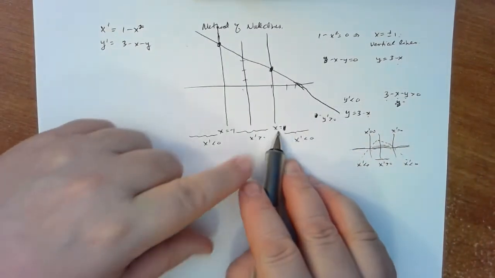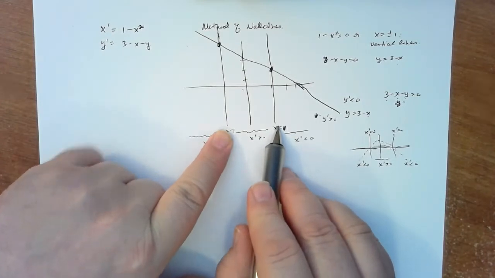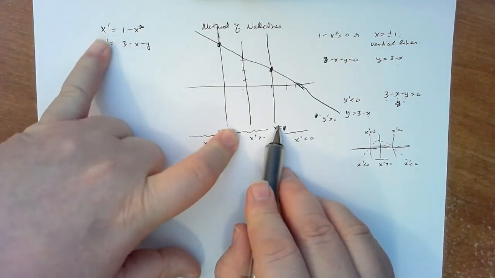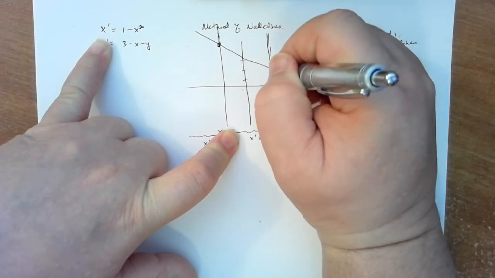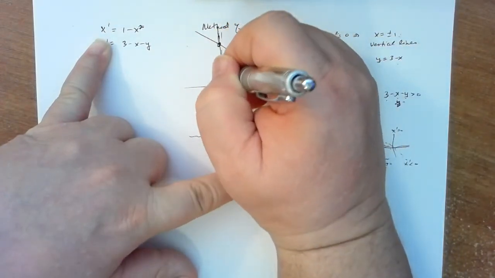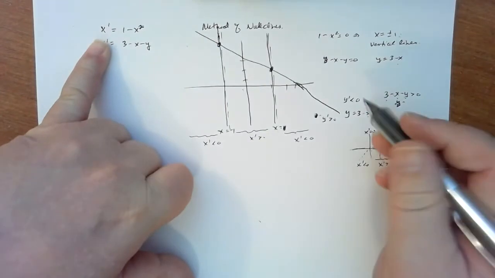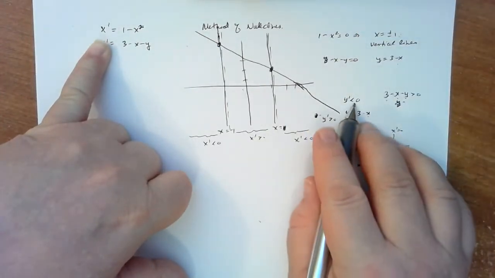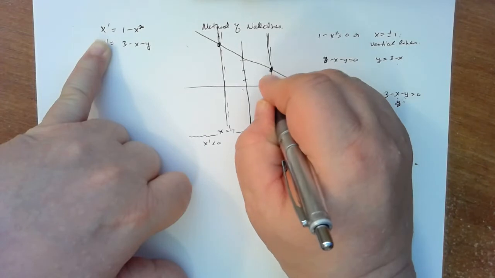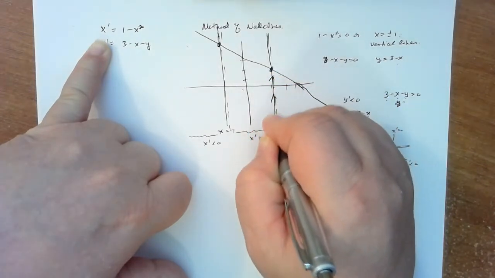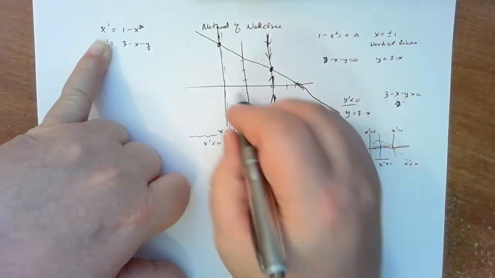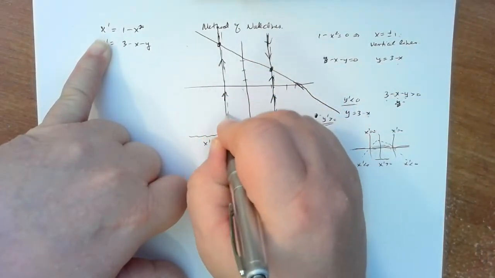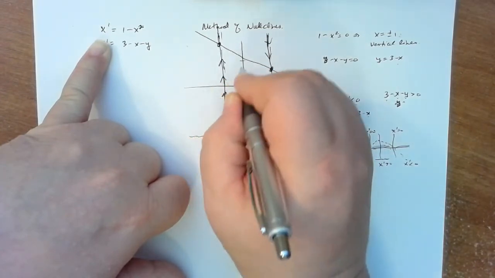All right, are we ready to do the rest of our analysis now? Let's see, along x equals 1, or along each of the vertical lines, x prime is 0. So that means I'm just going straight up and down. I just need to figure out if that's going up or going down. From this, you can see what's happening, right? These are going to be going up. These are going to be going down because of that. Similarly, these will be up. These will be down.